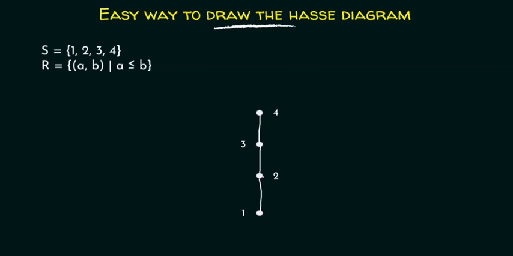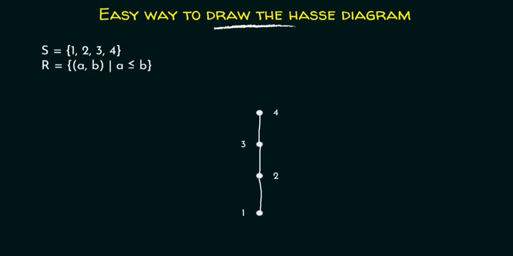If, let's say, 2 is not related to any element above it, then we will go one step down and compare this element with the rest of the elements. As simple as that. Let's say 2 is not related to 3 and 2 is also not related to 4. Then we will check whether 1 is related to 3 or whether 1 is related to 4. If 1 is related to 3, we'll draw an edge from 1 to 3.